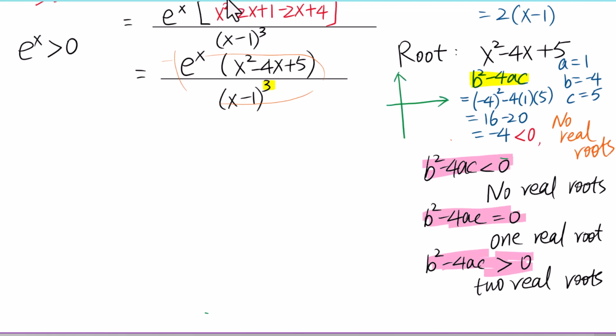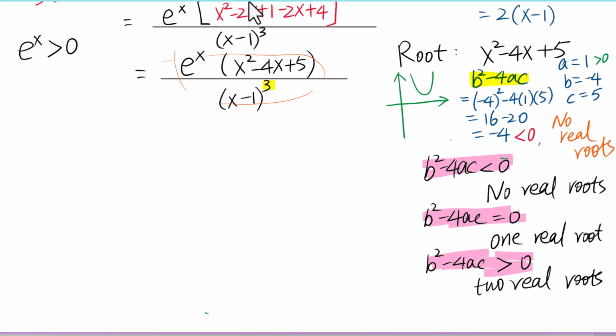Since a equals 1 is greater than 0, the graph opens up. It won't touch the x-axis because there are no real roots. And from this graph, you could say x squared minus 4x plus 5 will always be positive.